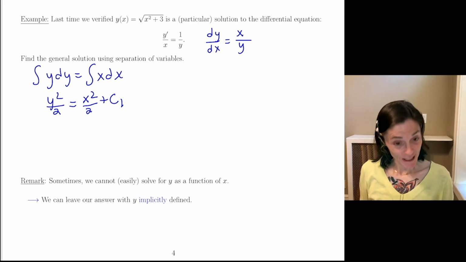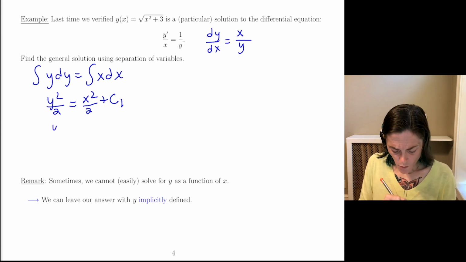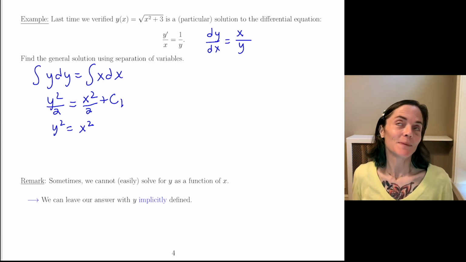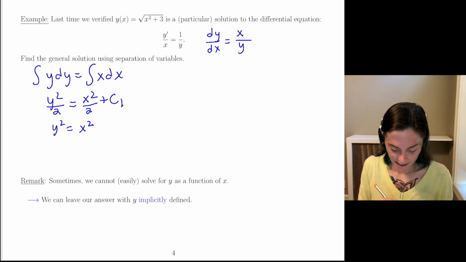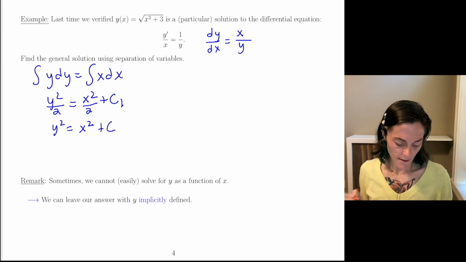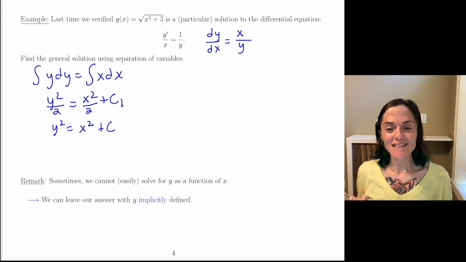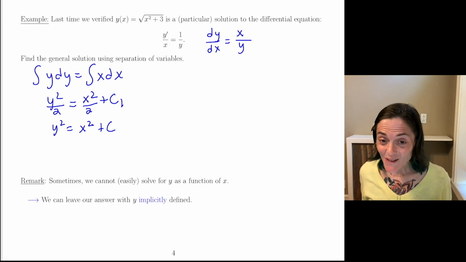Let's multiply through by 2. So we have y squared is x squared plus 2c1, but 2c1 is just some other constant, so I will call this plus c. Okay, how do we solve for y? Well, we can't just take the square root.